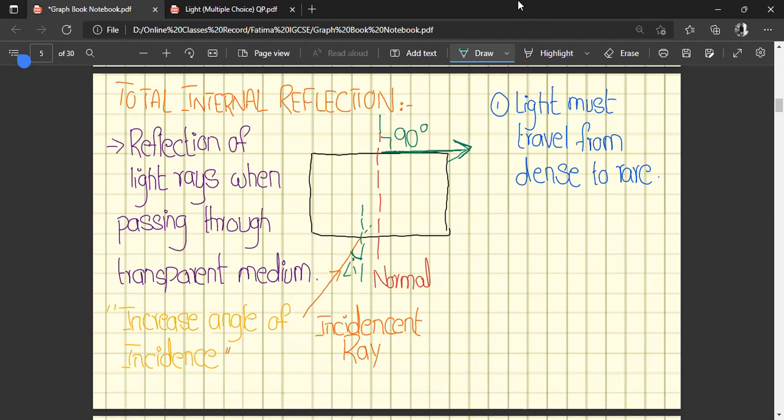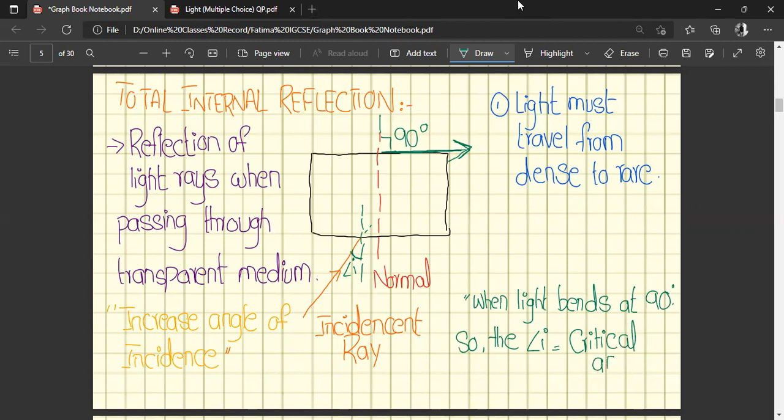We can say that when light bends at 90 degrees, the angle of incidence will be equal to the critical angle, right?